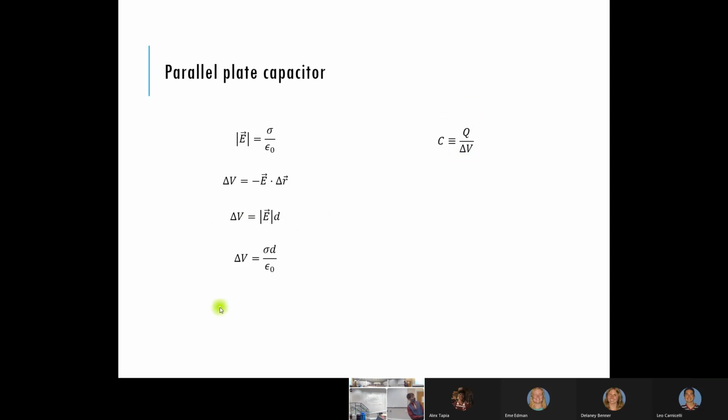I'm going to take this expression and plug it in for delta V right here. Notice, because you're dividing by a fraction, you get this compound fraction, and so I just flipped it so I don't have the compound fraction anymore.